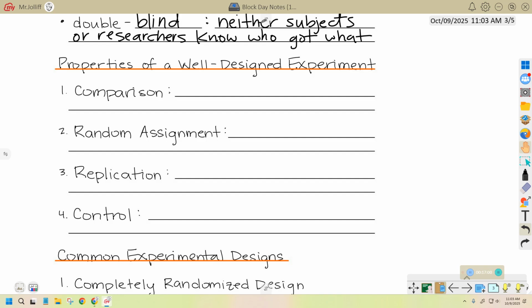What makes a well-designed experiment? And there are 4 things. The first is that I need to be doing some type of comparison. What did I write earlier? Oh, there we go. So we're going to use 2 or more treatments, or we're going to do treatment versus control.